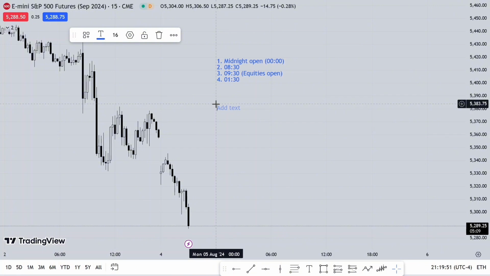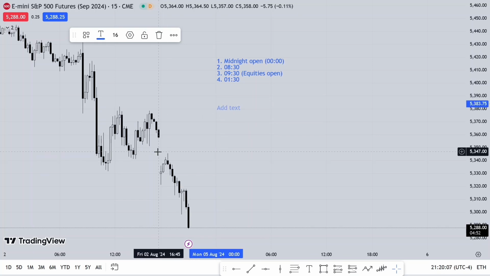The market closes at 16:59 on Friday's trading, so that is 4:59 p.m. The market closes here. The close of this candle is 5358.00.